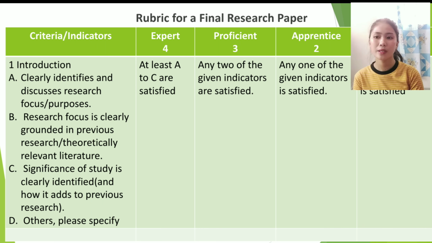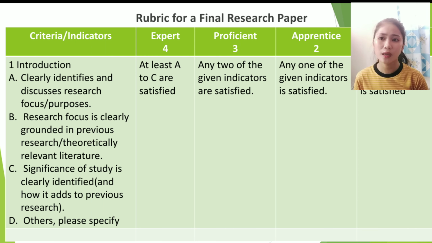Sa letter C naman, significance of study is clearly identified and how it adds to previous research. And letter D, others please specify. Expert siya if at least two of A to C are satisfied. Proficient siya if any two of the given indicators are satisfied. Apprentice siya if any one of the given indicators is satisfied. Then novice if none of the given indicators is satisfied.